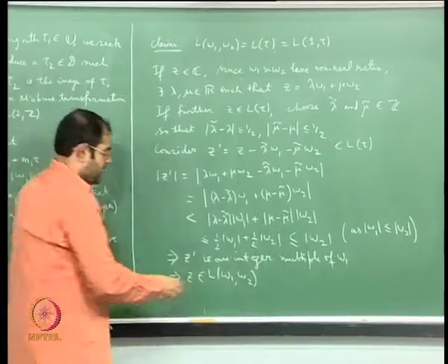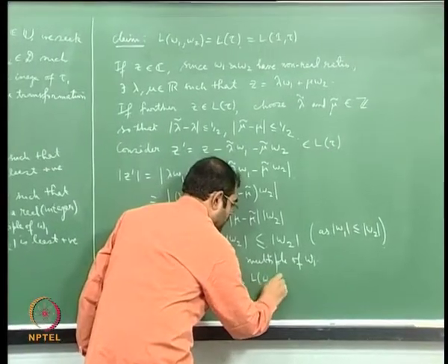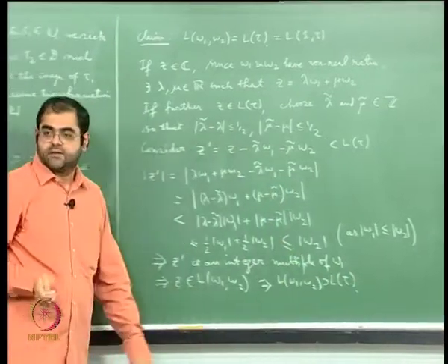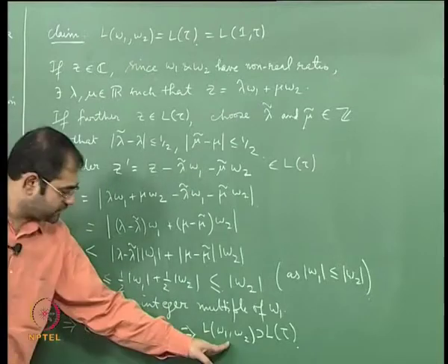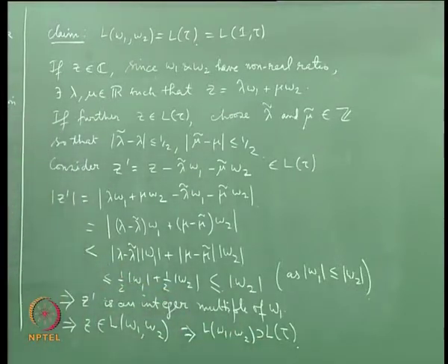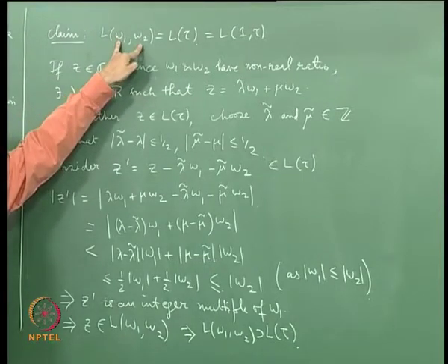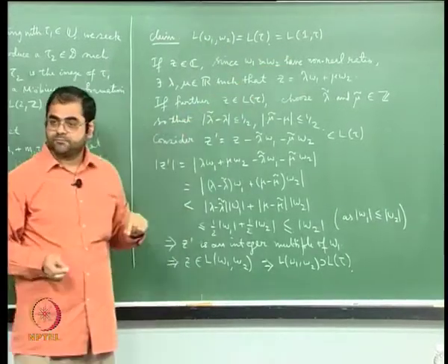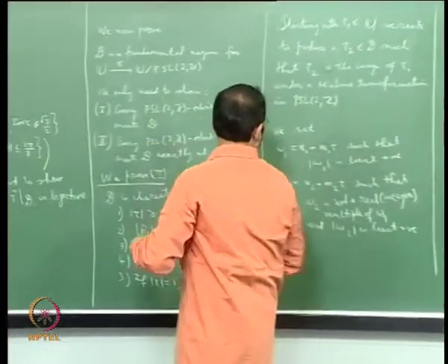So this essentially shows that L(ω1, ω2) contains L_τ, which was the hard part. The other inclusion is already there, so they are equal, and this claim is settled. So what does this tell you? This tells you that ω1 and ω2 is another basis over Z for the lattice generated by τ.